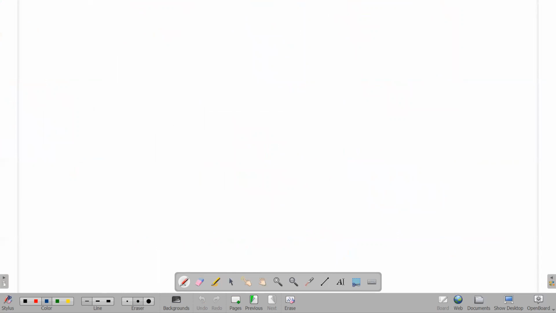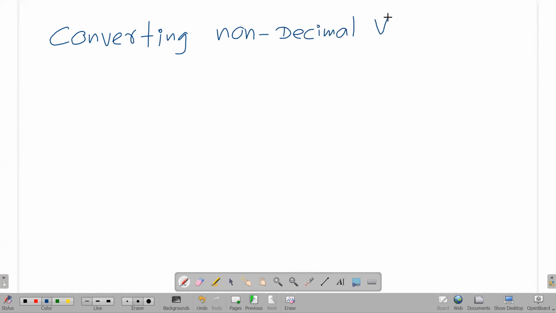The second type, the task that we have to do, is converting non-decimal values into decimal values.